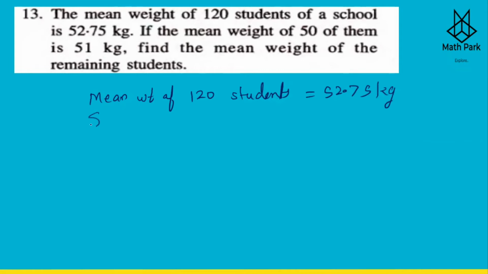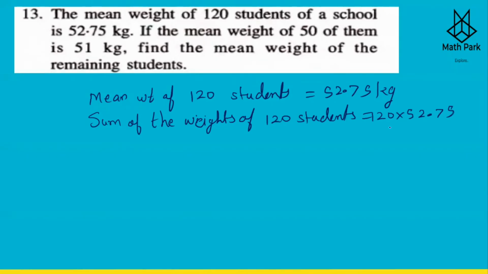So we write the sum of the weights of 120 students is equal to 120 multiplied by 52.75, which is equal to 6,300 kg, right?